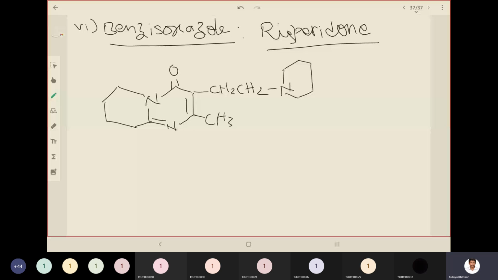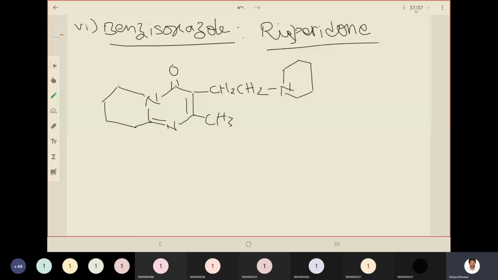Nitrogen here, oxygen here. This is a five-membered ring.